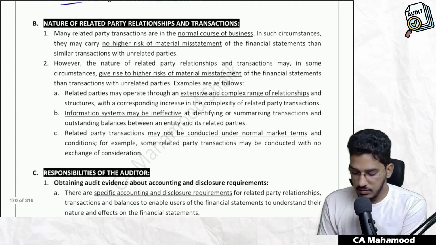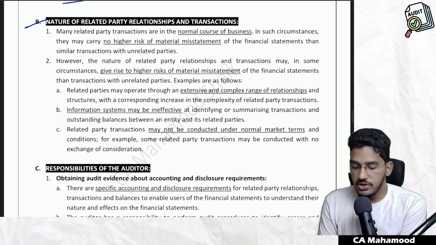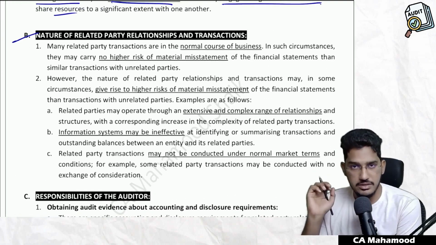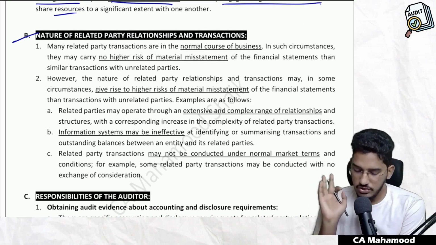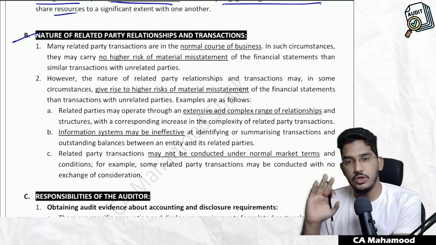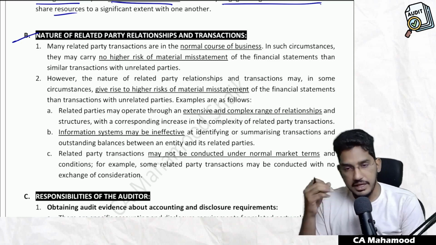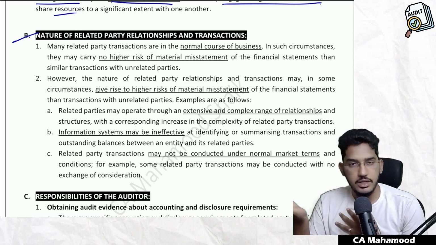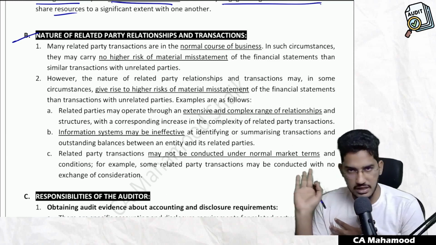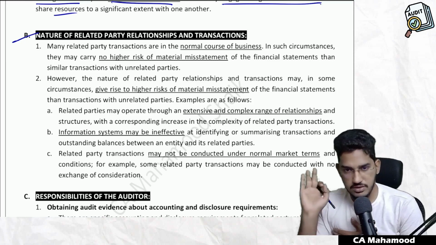Now let us try to understand what else they say in the standard. Nature of related party transactions and relationships. See, generally, if you are doing transactions with the related party in the normal course of business, the way you do transactions with an unrelated party, on the same terms and conditions, then generally they don't have risk.